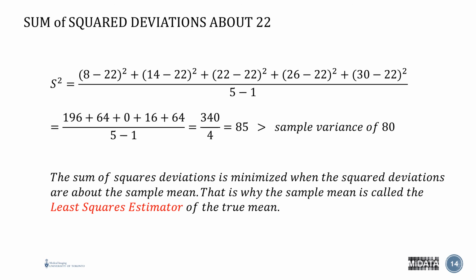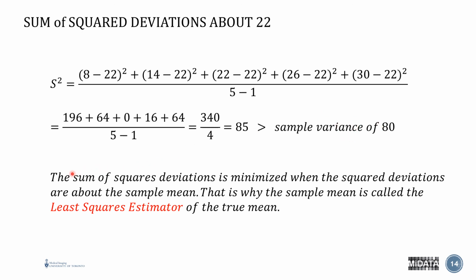Now here's an interesting observation. What if when we did the least squares calculations, instead of using the mean, which was 20, we used 22? Well, when you calculate your sample variance, you'll notice that it will always be greater than if you had used the sample mean in the calculation.